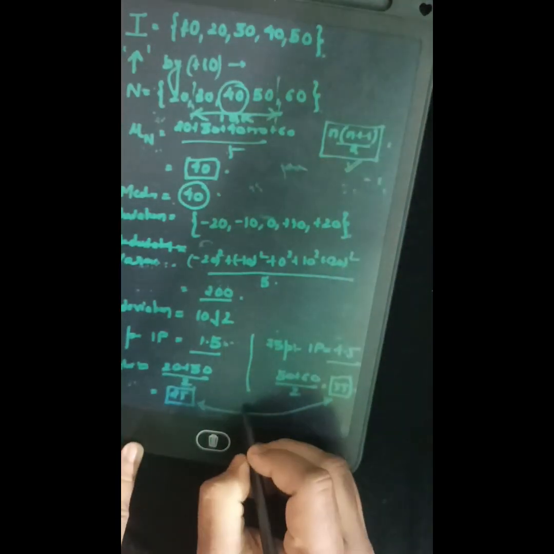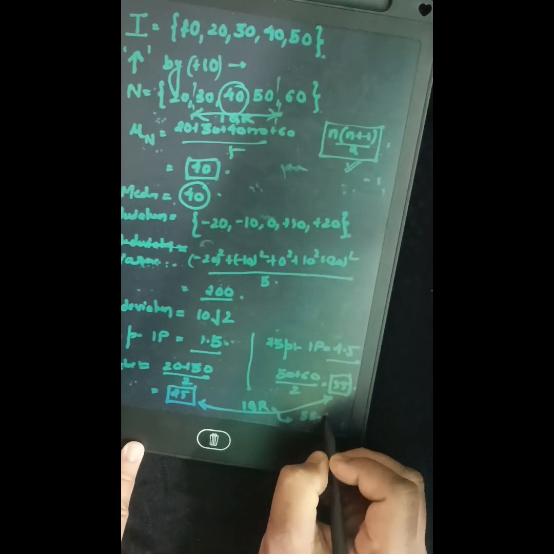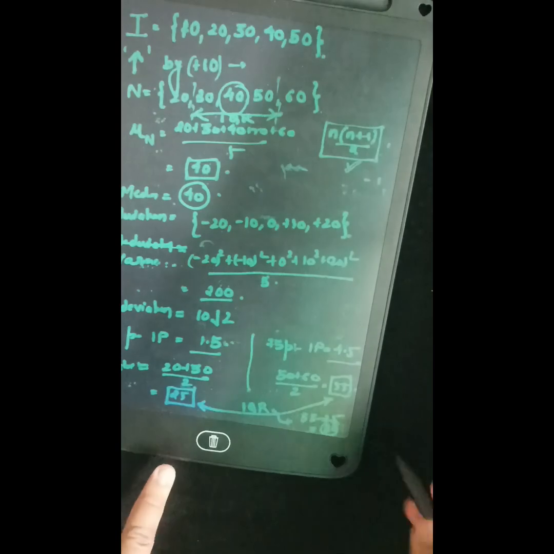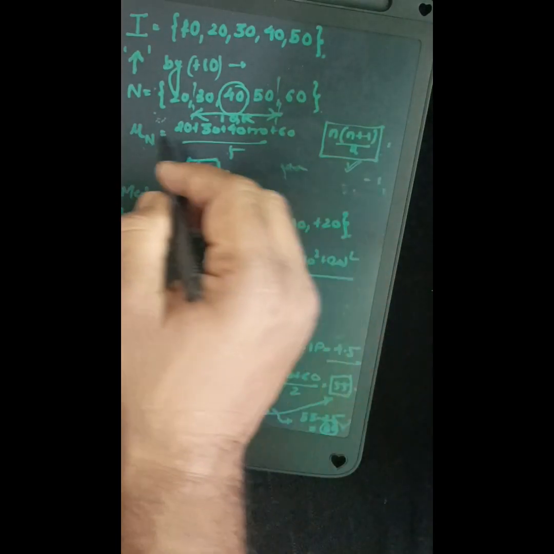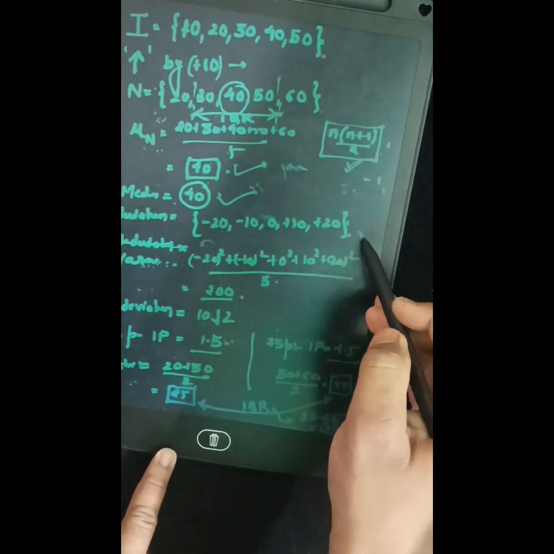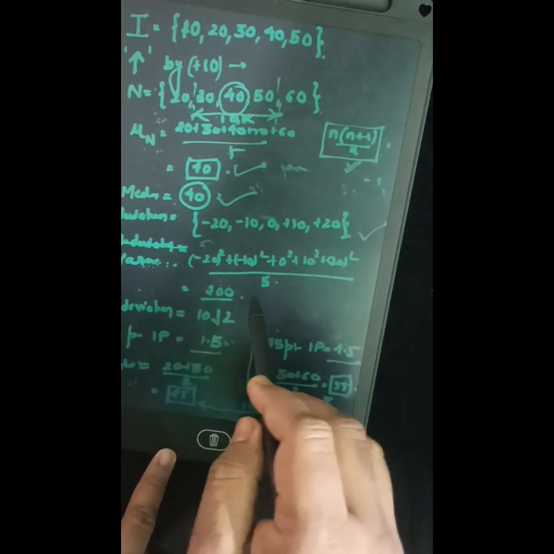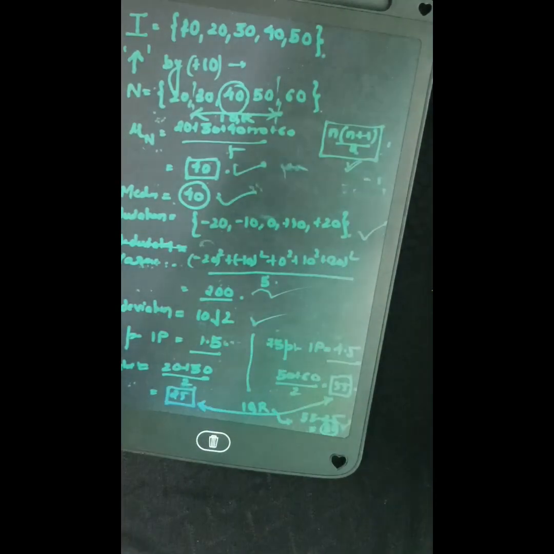Interquartile range comes out to be 55 minus 25, which is again 30. So check here, in this case interquartile range is 30, mean is 40, median is 40, deviation data set is similar to the initial data set, variance is 200, and standard deviation is 10 root 2.